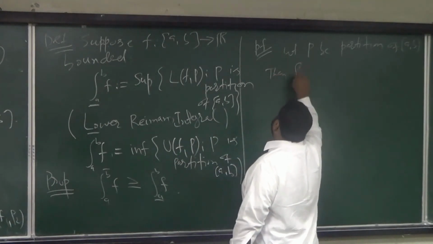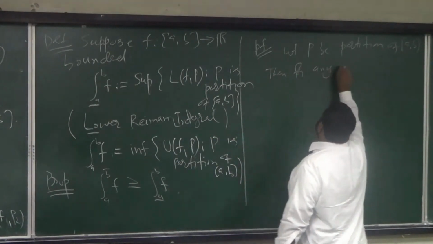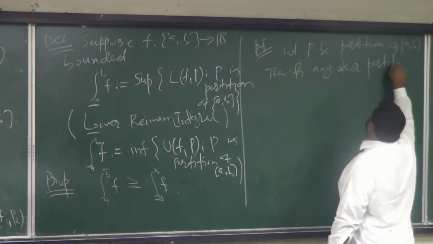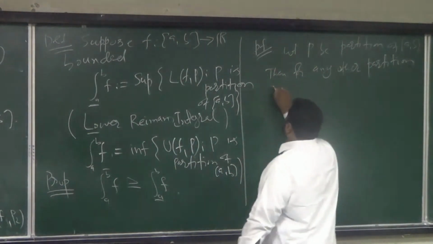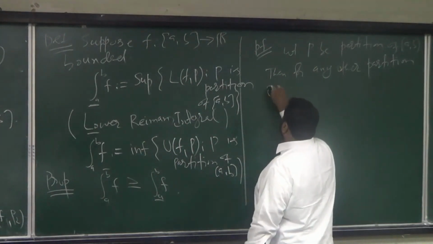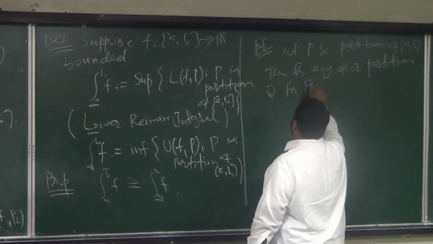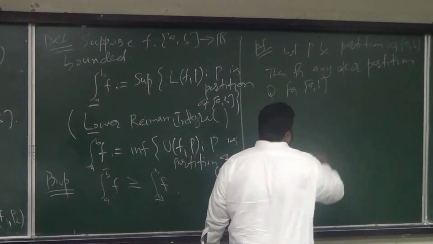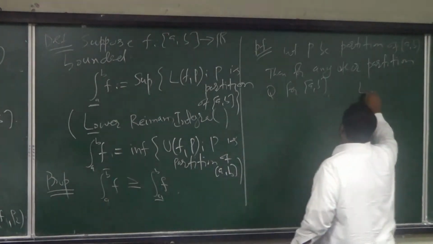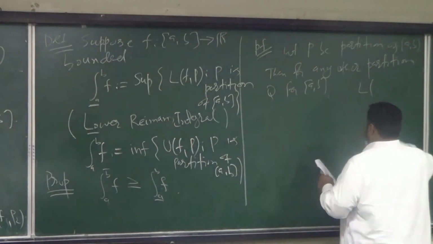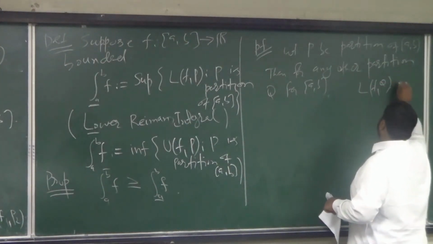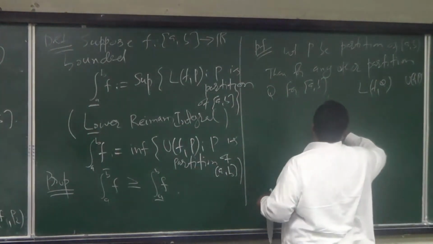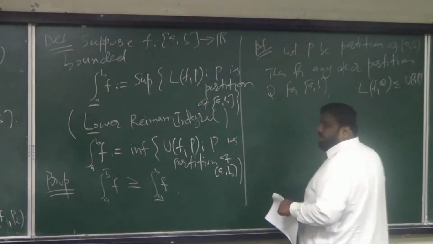Then for any other partition Q, for LFT, what should be the relationship between LFP and LFQ and UFP? It should be smaller than or equal to this.